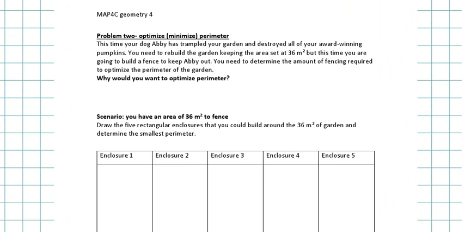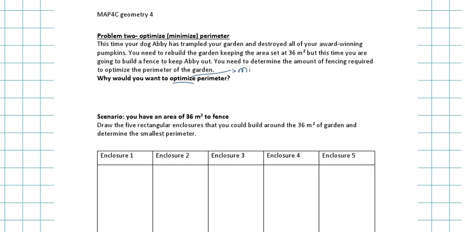So you're trying to minimize. When we say optimize perimeter, we actually mean minimize the perimeter. So I'm using less material, that means I'm spending less money.